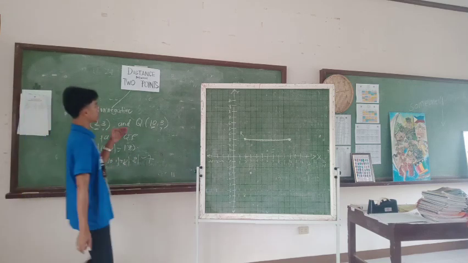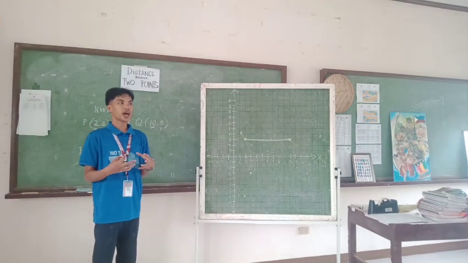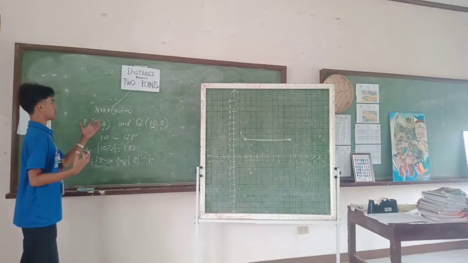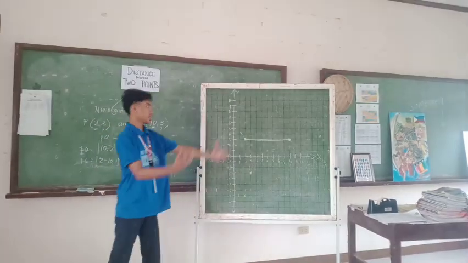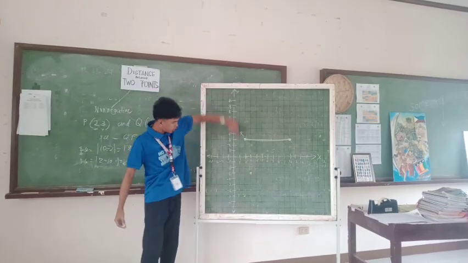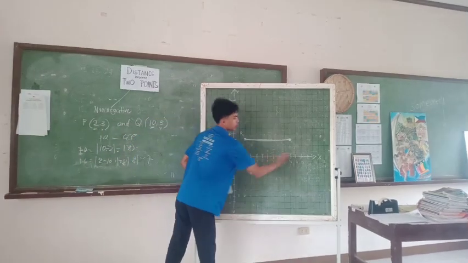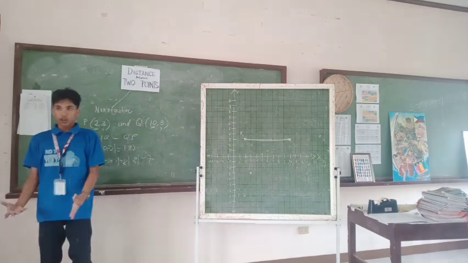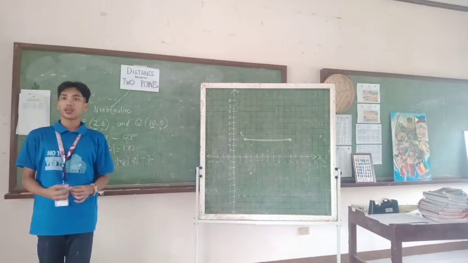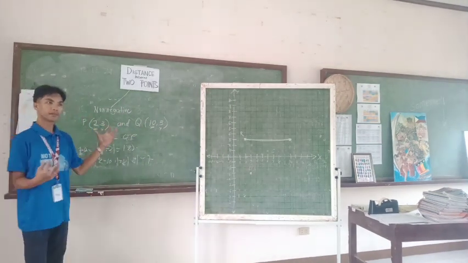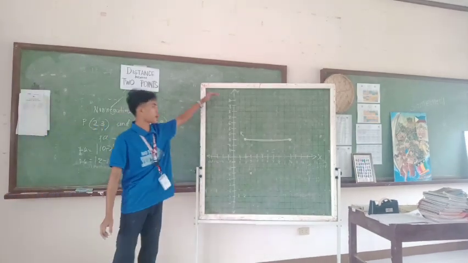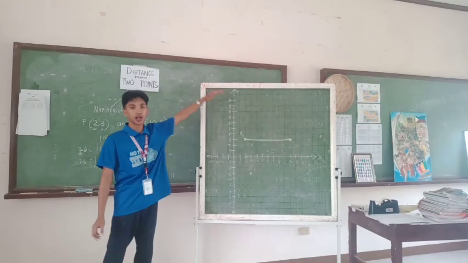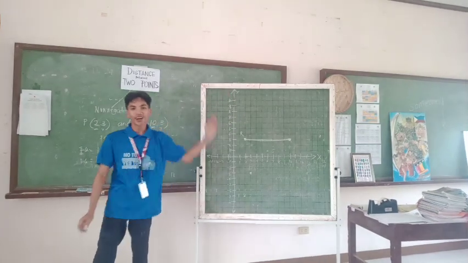If the distance between these 2 points is on a vertical line, you just find their y coordinates. Did you understand our lesson about the distance between these 2 points? Yes, very good. You just find their coordinates in the coordinate plane.